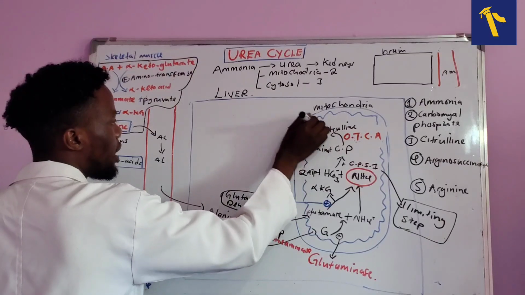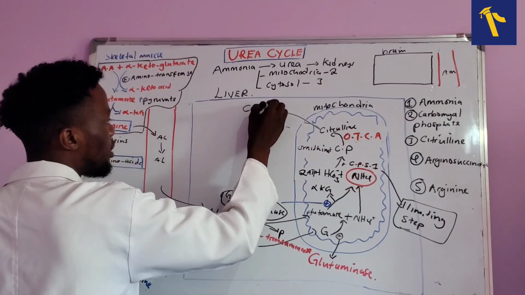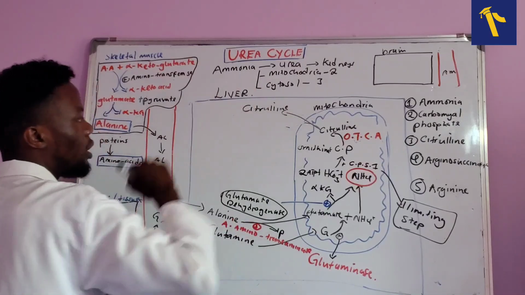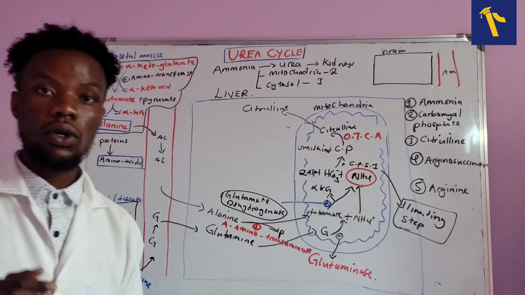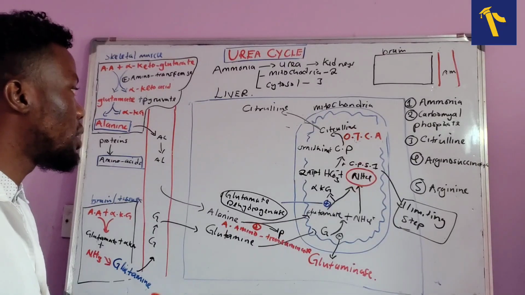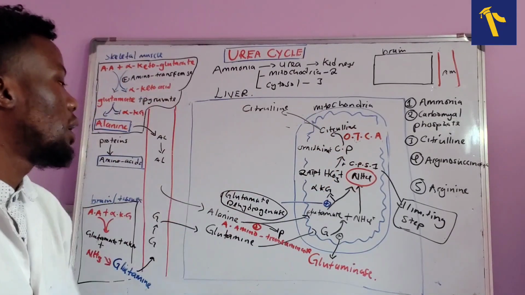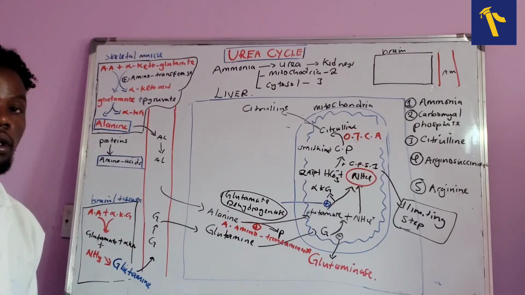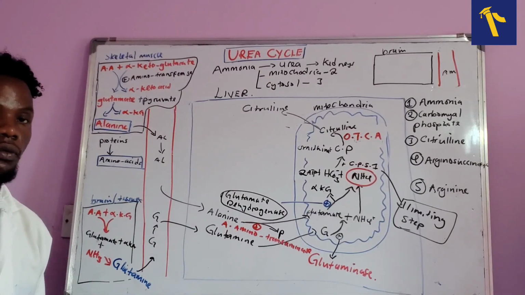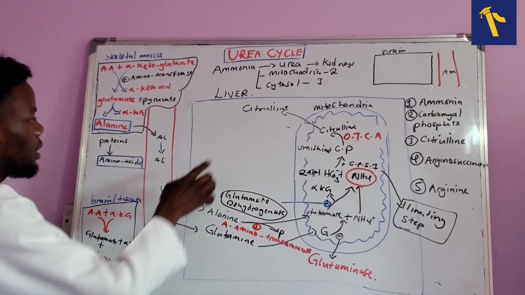Why is it doing that? Because it can penetrate the membrane of the mitochondria, so it is able to come out and go into the cytosol, or the cytoplasm, of the liver cells.